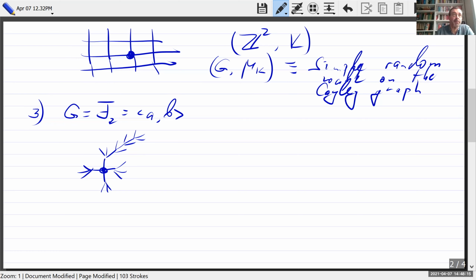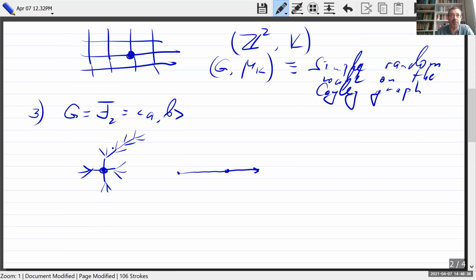And the simple random walk, in this case, will respect this additional symmetry. Namely, if we look at the distances from the origin, then what happens when we perform our random walk? So each point has four neighbors.